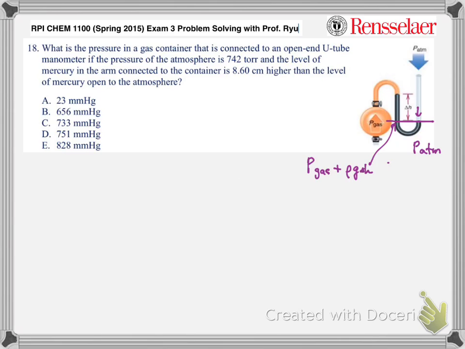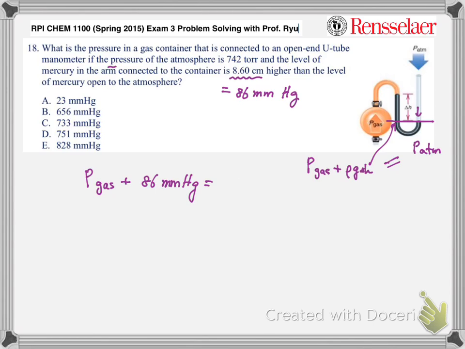They are in equilibrium, so they are having the same pressure. So the question is, what is a P gas? And it says that 8.60 centimeter, which corresponding to 86 millimeter mercury. Right? So that's 86 millimeter Hg, and which is the same as an atmospheric pressure.